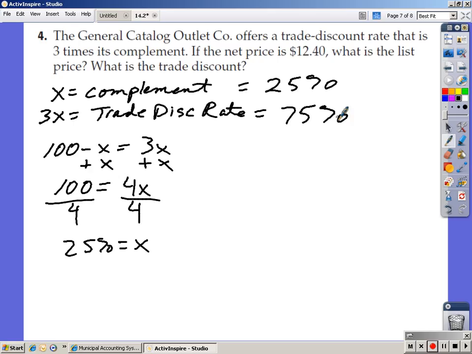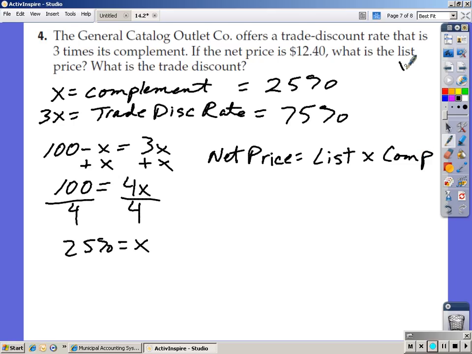All right? Now, in this problem we already know the net price, so we've got to work a little bit backwards. The formula is net price equals list times complement. Okay, so we're looking for my list price.